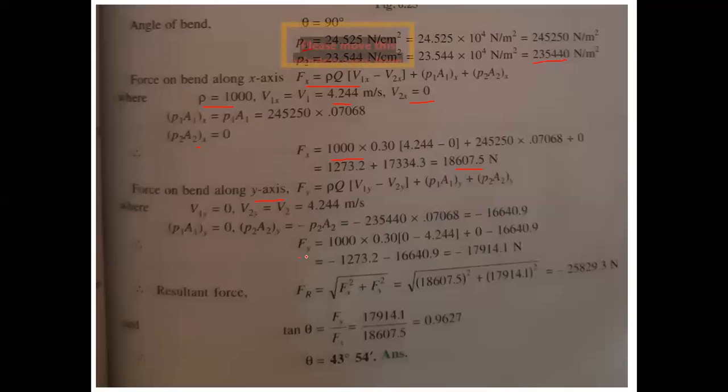Therefore F of y is equal to 1000 into 0.30, the discharge, into the bracket 0 minus 4.244, plus 0 minus this term. So finally F of y is equal to minus 17.141 Newton.